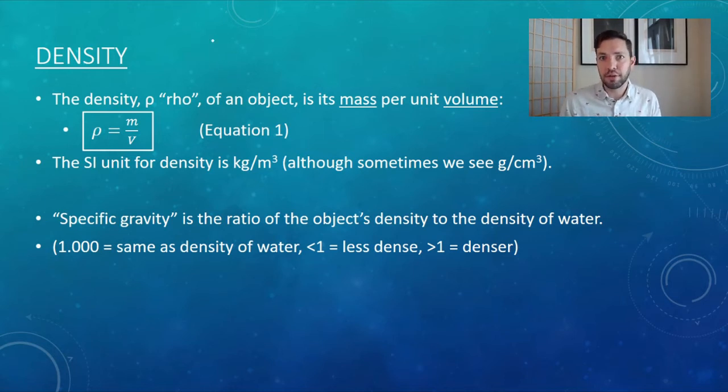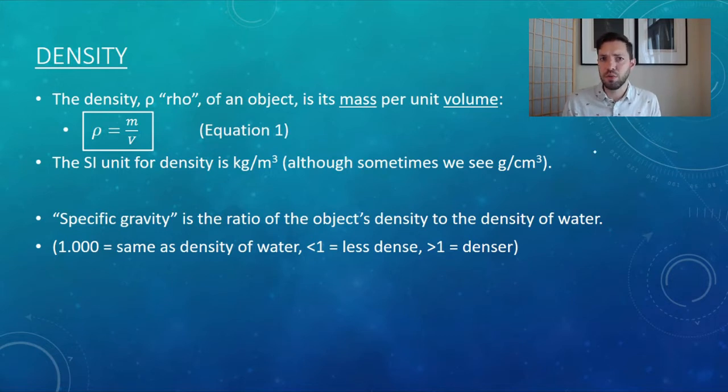The unit in science class that we measure density in is kilograms per cubic meter. The way to just remember that is it's the unit of mass divided by the unit of volume. Sometimes you'll have the density given in grams per cubic centimeter. You just need to convert, and we'll practice that once we look at some examples.